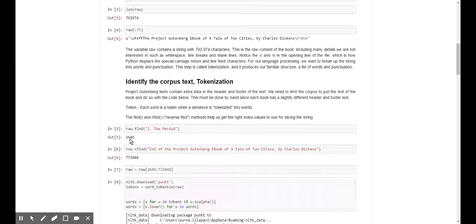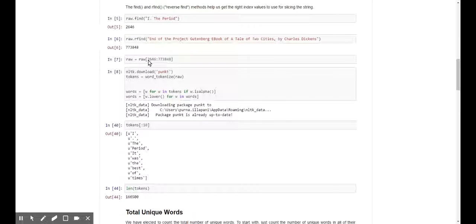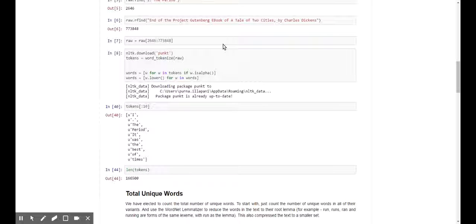It's 2646, and using the reverse find function, we find where this specific line shows up in the text, which is basically the end of the story, and its position is 772,848. We narrow down our text to start from the beginning and end at this position. That takes away a lot of the header and footer information.